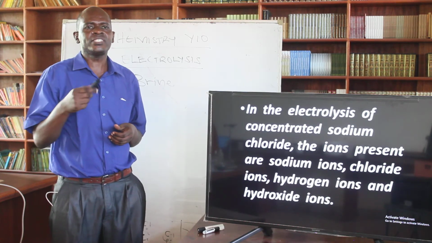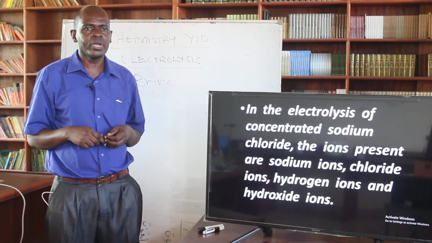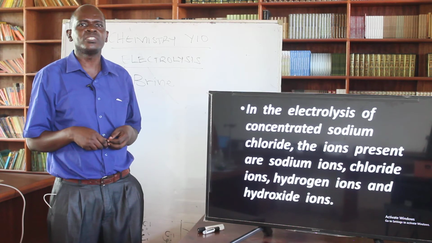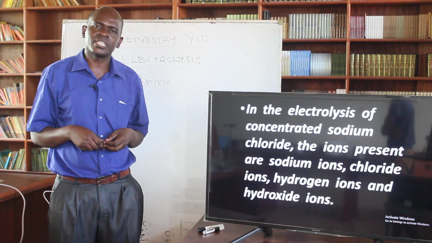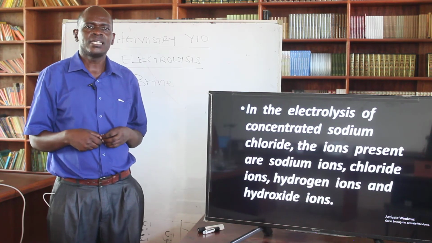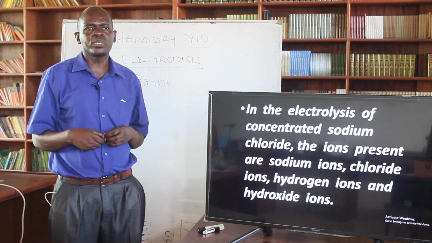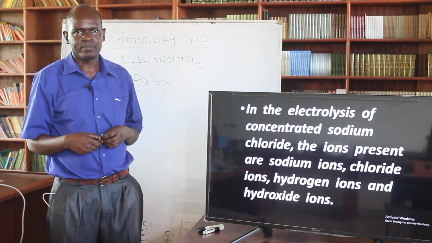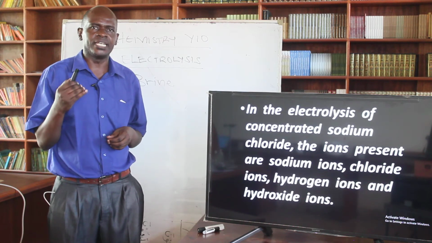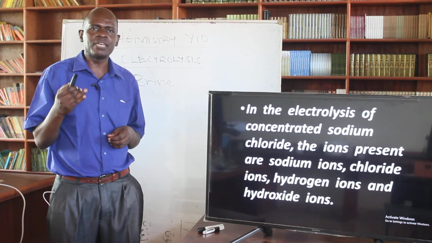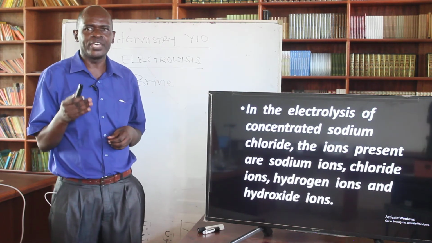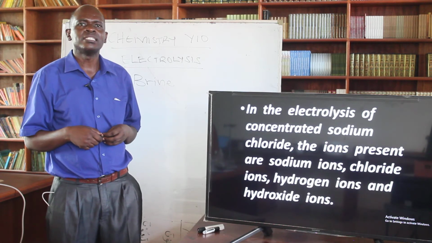In the discharge of the ions, some of the ions will be discharged and some will not. We looked at the factors which affect the discharge of the ions when we were looking at the binary electrolytes. We stated 3: 1 is the concentration of the ion in the electrolyte, 2 is the type of electrode, and 3 is the location of the ion in the electrochemical series.